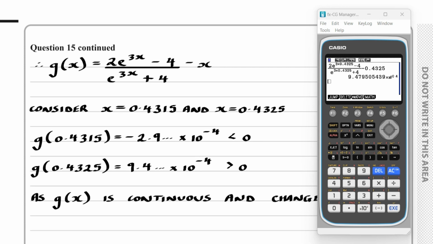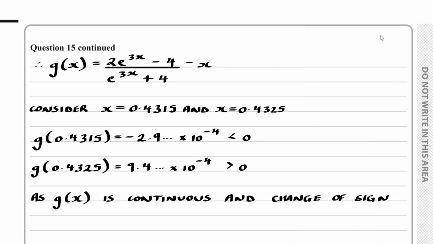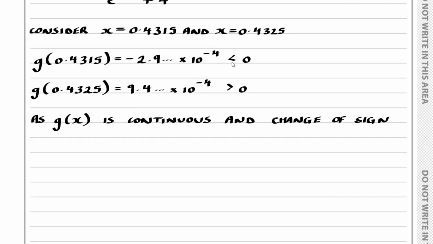So what we see then is g of x is continuous and we've got a change in sign. We're going from negative to positive in this interval, which means our root must be in between 0.4315 and 0.4325, and therefore if I solve for alpha, you can see alpha is equal to 0.432 to 3 decimal places.